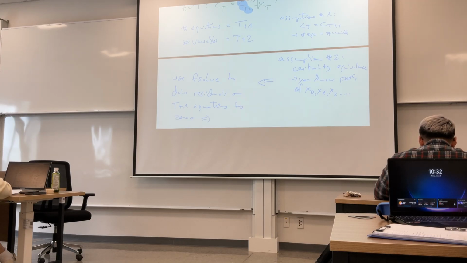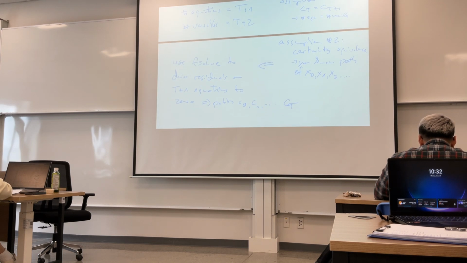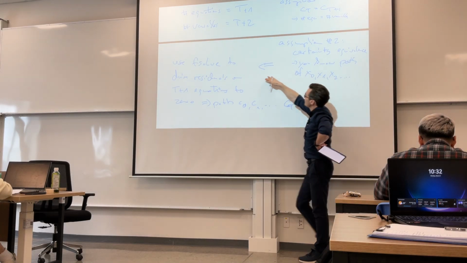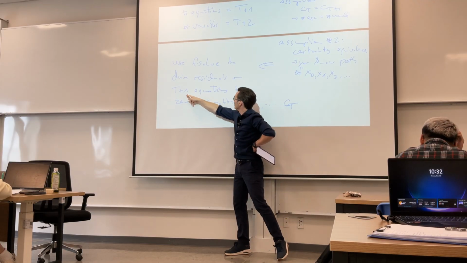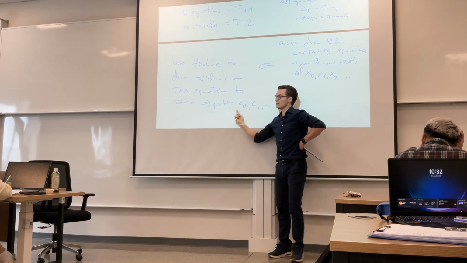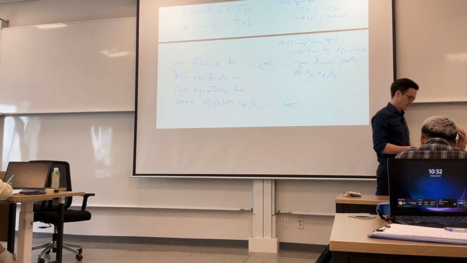And that's going to give you the path for C0, C1, up to capital T. So you use F-solve to drive the residuals on the T plus 1 equations to 0, and that gives you the path for consumption.